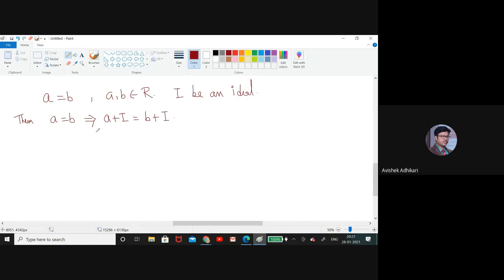And is the converse true? First of all, if A equal to B, then will A + I equal B + I? Is it true? What will be your answer? Yes or no?